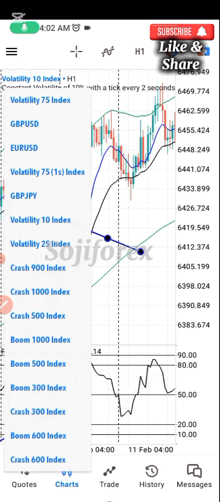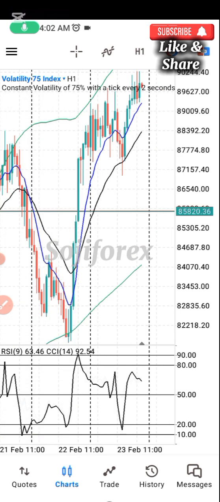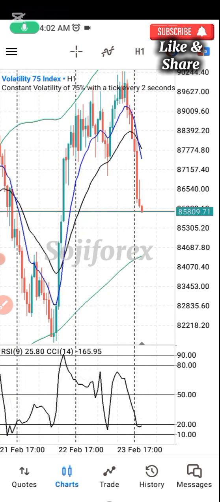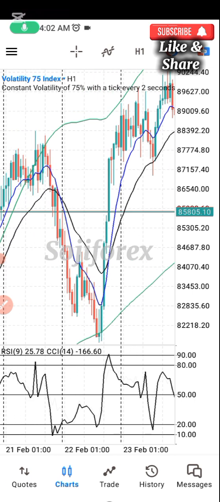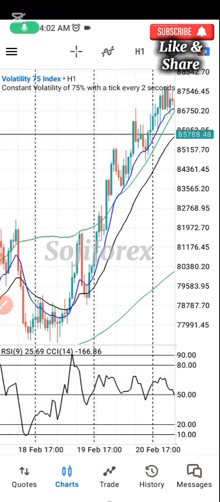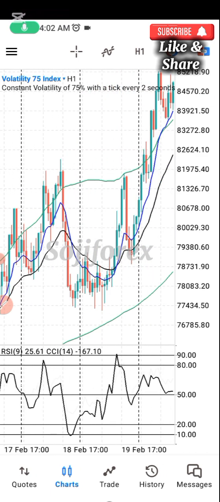So this is how effective this strategy is, and it works most often all the time. Can you see this? Remember, we say we are trading this as a zone.